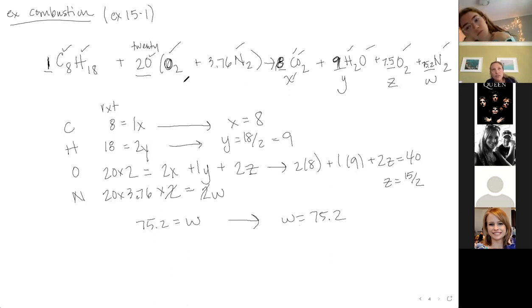You have to know that air only has about 20% oxygen and like 78% nitrogen, which is why, if we're looking at something like air and you're trying to consider oxygen, you have to consider the fact that most of air is actually nitrogen. So I encourage you to look at example 15-1. I'm not going to go through that whole example right now. I just wanted to practice this balancing of equations. This example deals with an air-fuel ratio, which we're not really going to be going over. As long as you can balance this equation, that's mostly what I wanted you to get out of this example problem. Okay, any questions?